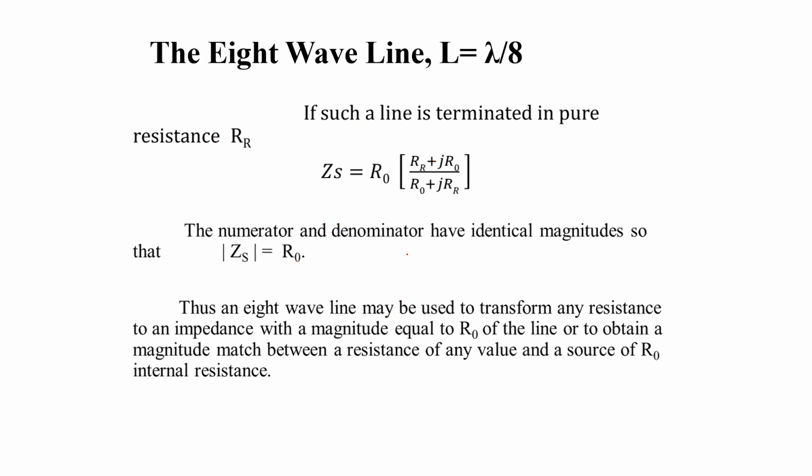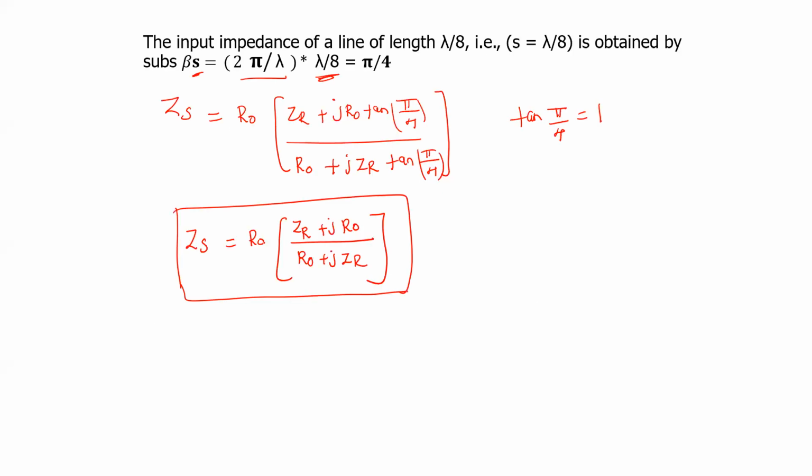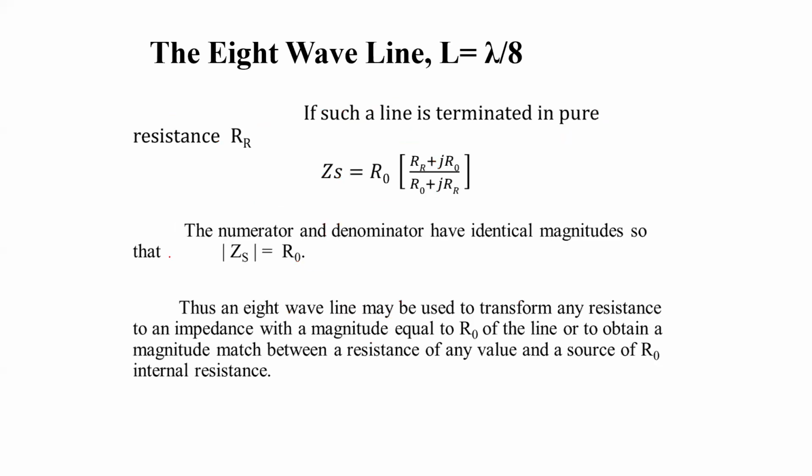Now, if the line that we use is terminated with a pure resistance RR, that is, in the previous expression if we take ZR as RR, then the same expression can be written as ZS is equal to R0 into RR plus jR0 divided by R0 plus jRR.